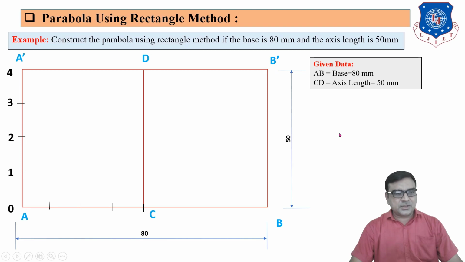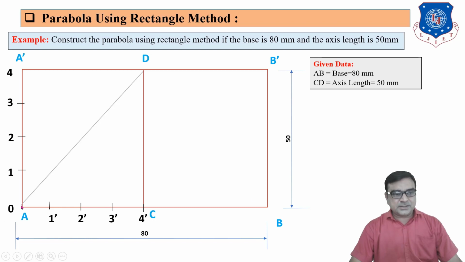Give the name 0, 1, 2, 3, 4 and 0, 1 dash, 2 dash, 3 dash, 4 dash. Now here A, B and D are points of parabola and we want to draw the parabola which is passing from A, D and B.